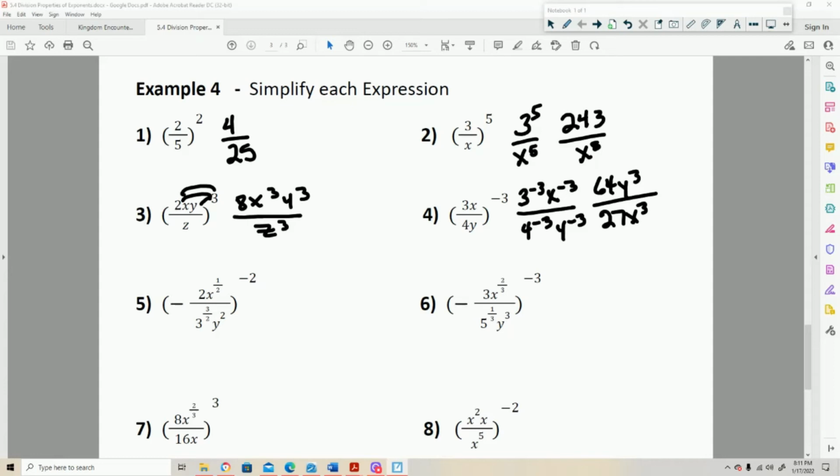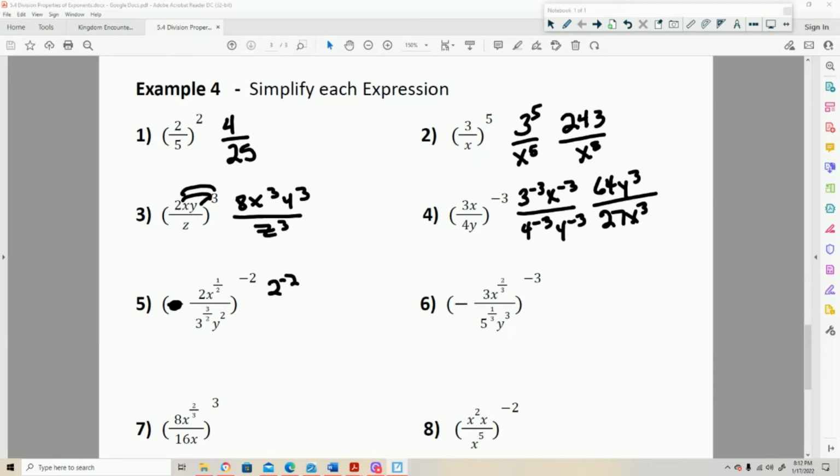Okay. Next one, we have this raised to the negative 2. So let's do this individually. We've got to first deal with the negative. It doesn't matter what this is. If I've got a 2 here, that means I've got 2 negatives together. You square, you get 2 negatives. That's a positive. So when I put that on that, that goes away. Don't have to worry about it. Okay, so I get 2 to the negative 2.